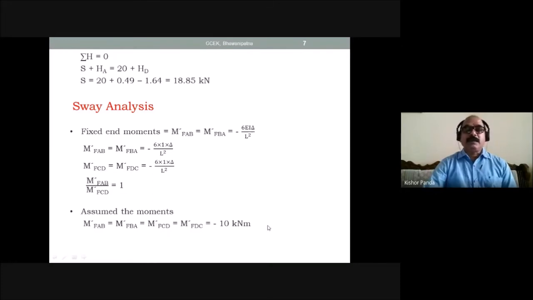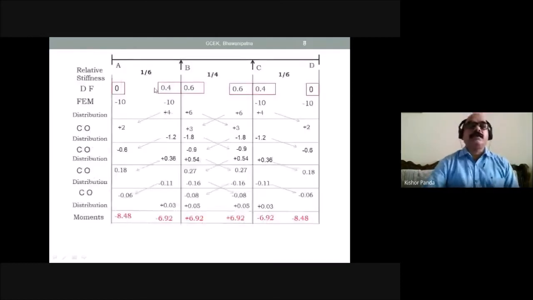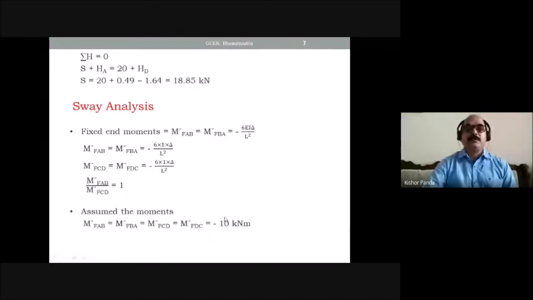Then by taking this moment, you have to go once again for the moment distribution method to find out the final moment, similarly by the iterative process. So once again you draw the beam, write the relative stiffness of the members, then write the distribution factors, then the fixed moments. Here M dash FAB, M dash FBA is minus 10, which you are assuming.